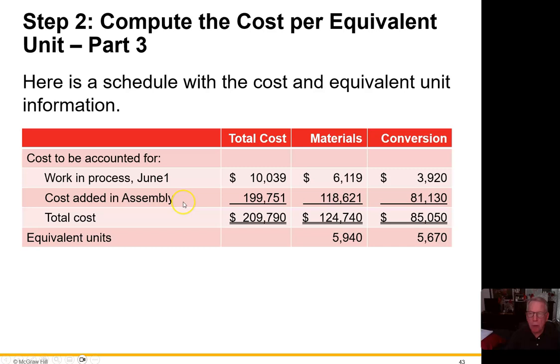So the numbers that we got for total costs were $10,039 for work in process June, and the cost added into assembly was $199,751, total cost $209,790. We break that into its two components, materials and conversion, and we have $124,740 for total materials cost and $85,050 for conversion costs.